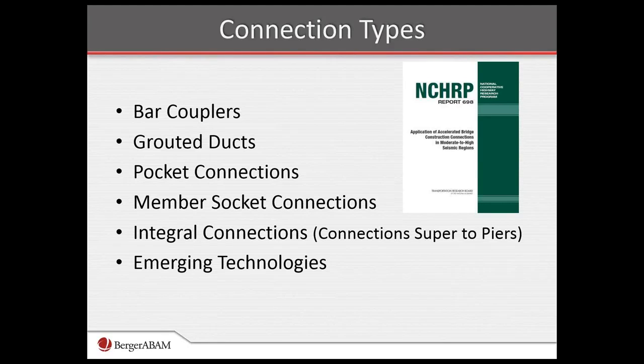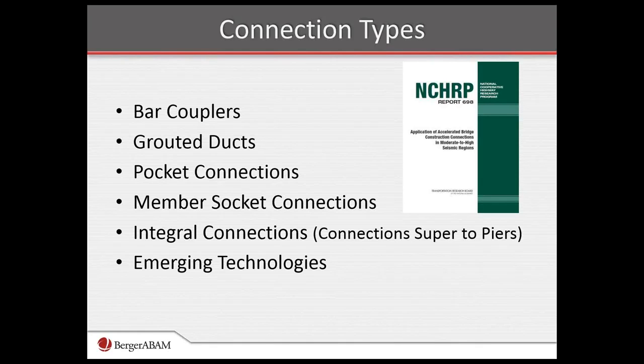So until we have testing completed for all those types of connections, and those are some of the member socket connections and some of the integral connections, those don't really enjoy the same thoroughness of development that the previous connections do.